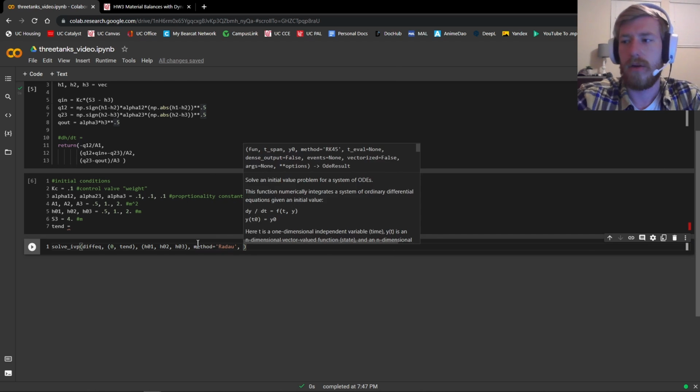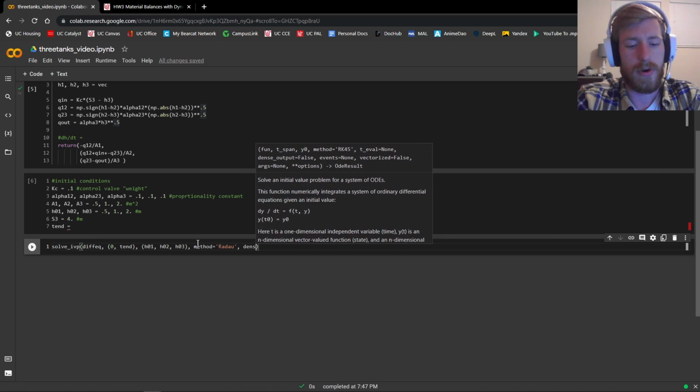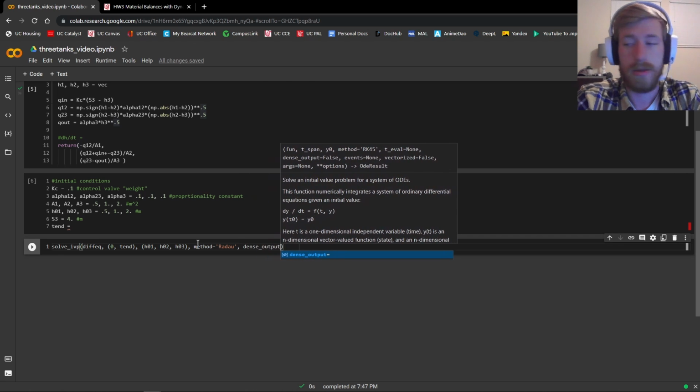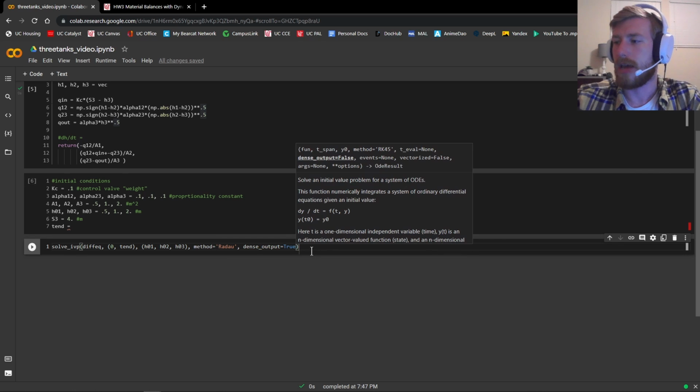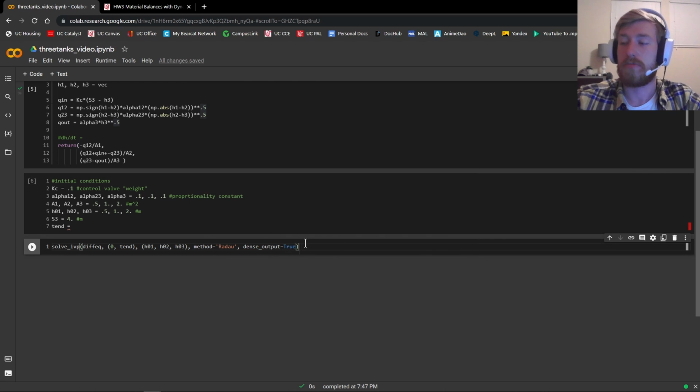And finally, we're going to need our dense_output to be equal to True. So this way, when we run this, it will actually output, in addition, which we'll go into how we select that after the fact, our actual equations instead of just saying, yep, we solved it, and then not really getting anything out of it.